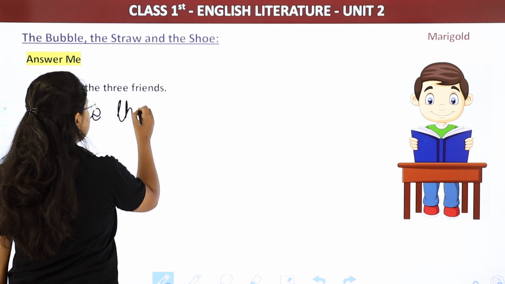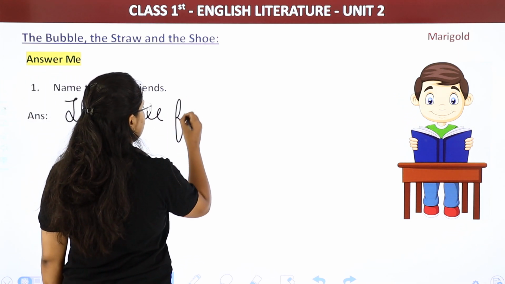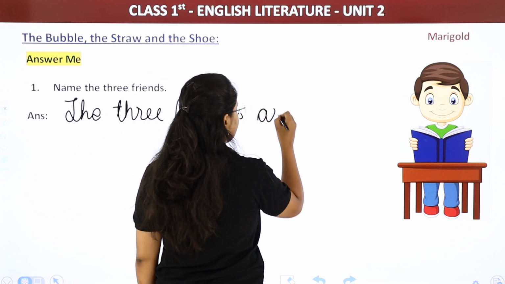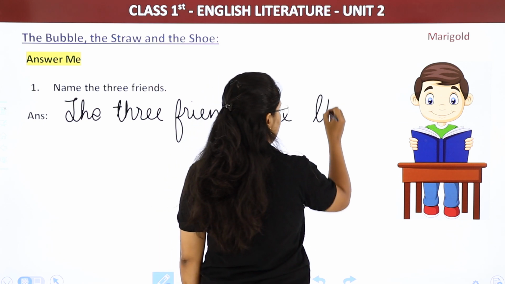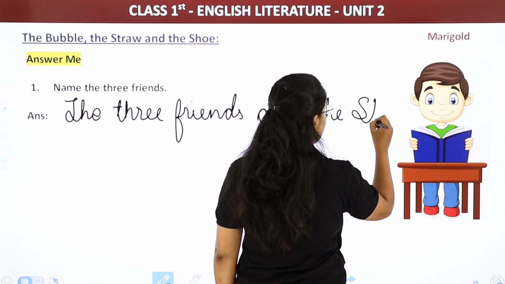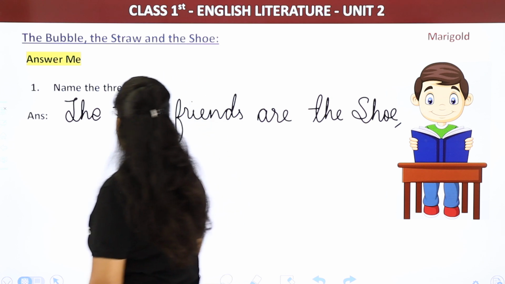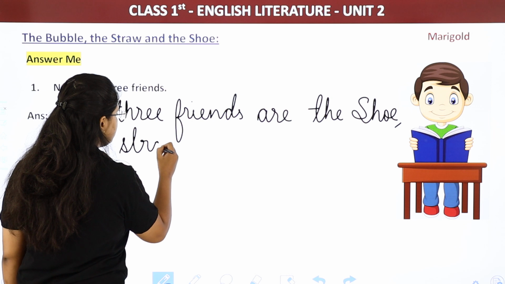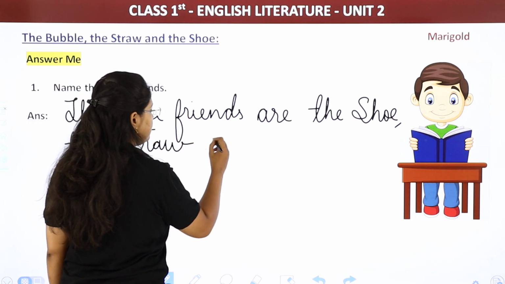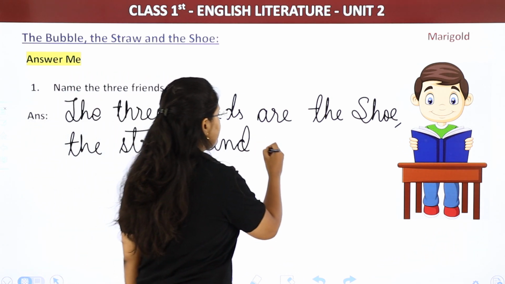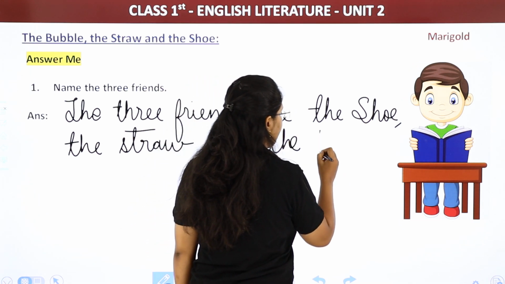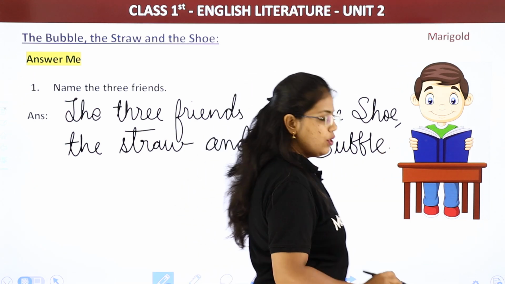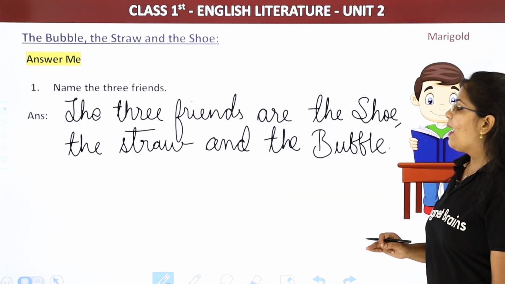The three friends are the shoe, the straw, and कौन रह गया? And the bubble, right? So who are the three friends? The shoe, the straw and the bubble.